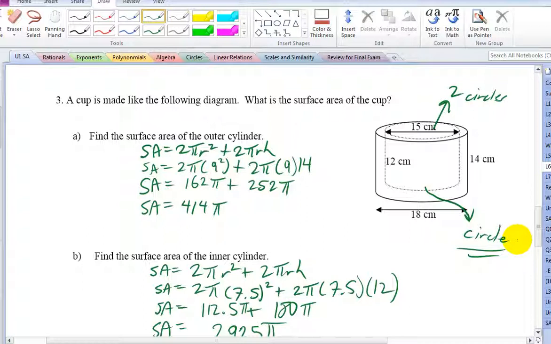Okay. What you have to understand is that if drawing in 3D, there is a circle there. It's just really hard to draw. So if I look at, do I have a coffee cup? Oh, kind of do. Well, let's just take this for example. This is exactly what we have. Is there a circle on the bottom? There is, right? So there's one here for the outside cylinder. There's also one on the inside cylinder.